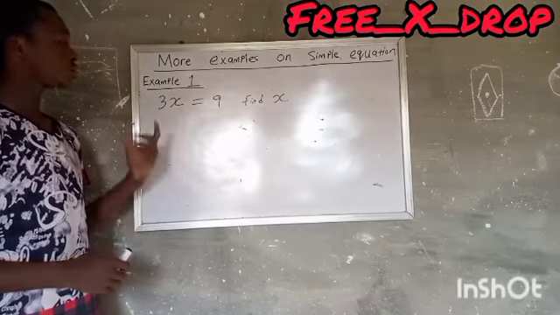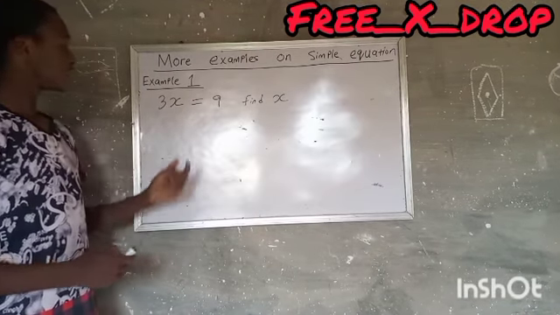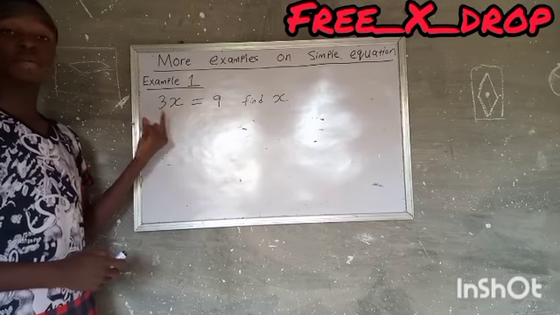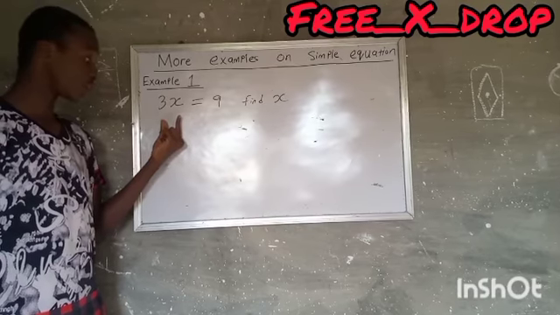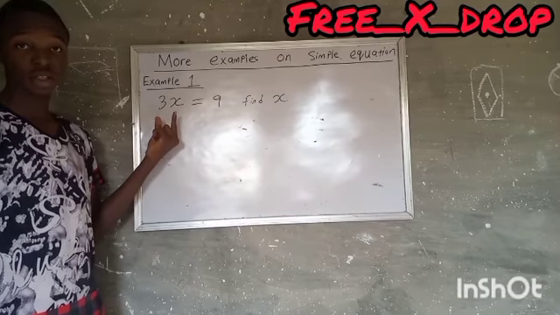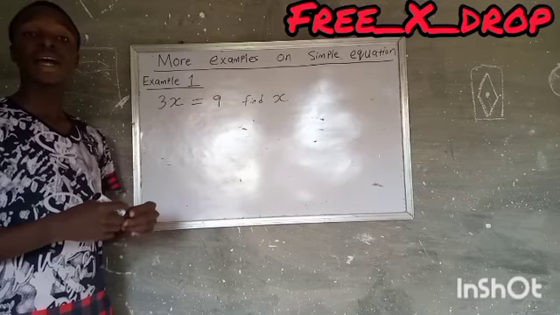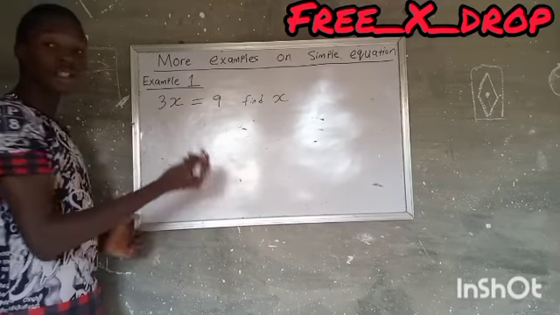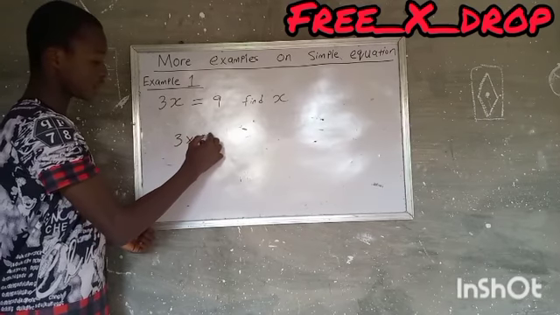Now, in such a situation, for you to find x, because this here is actually multiplying. This is not addition, this is not subtraction, but this is multiplication. In case you don't know, there are some different ways in which you can signify multiplication. For example, you can write 3 times x.